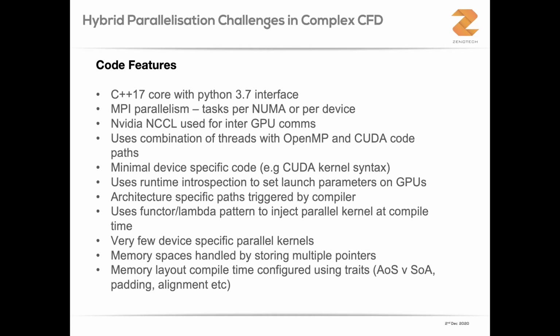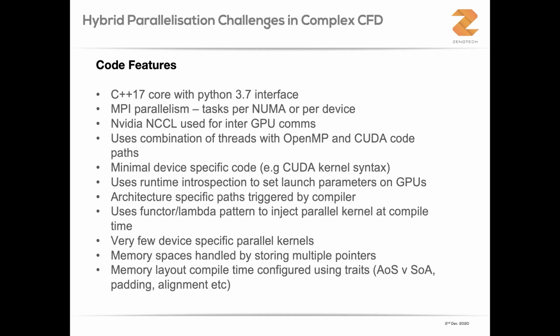So we do have a few specific kernels, but most of the kernels, and we're talking of the order of several hundred kernels in one of the solvers, are all generic, whether they're OpenMP or being run through CUDA. It's the same piece of code, and I'll show you an example later.